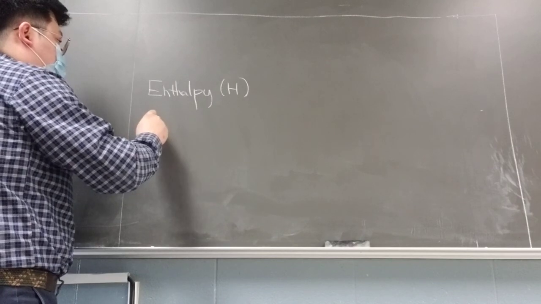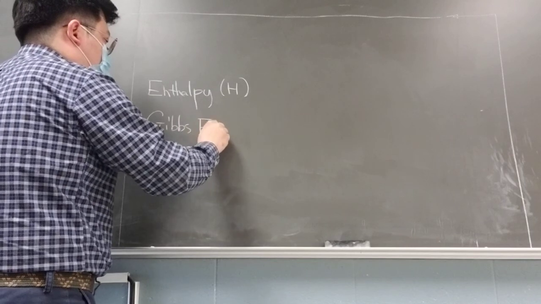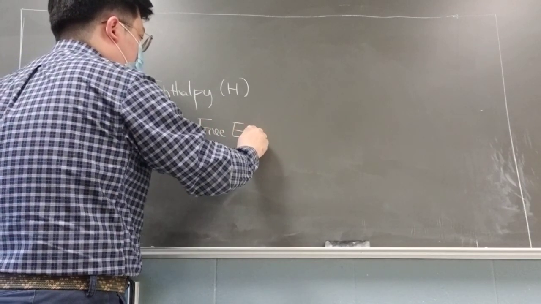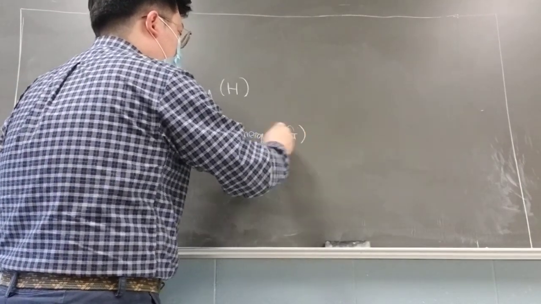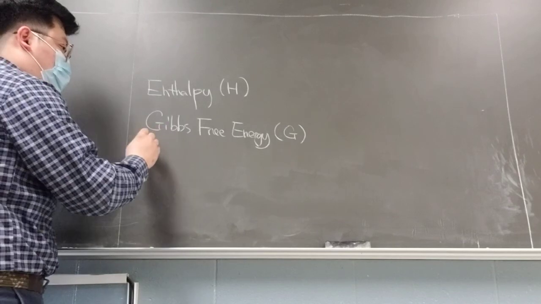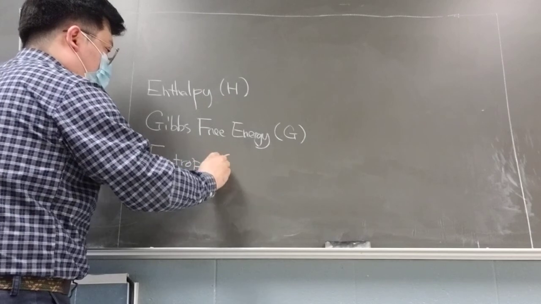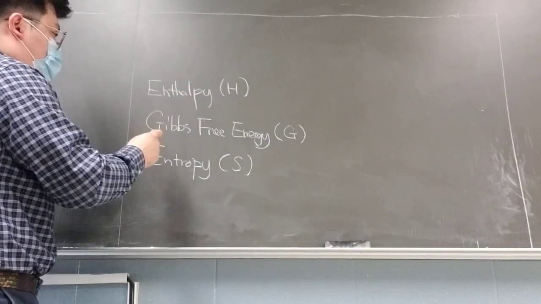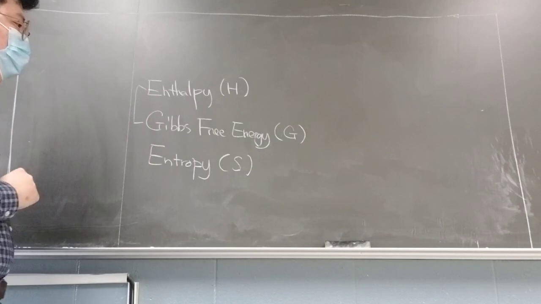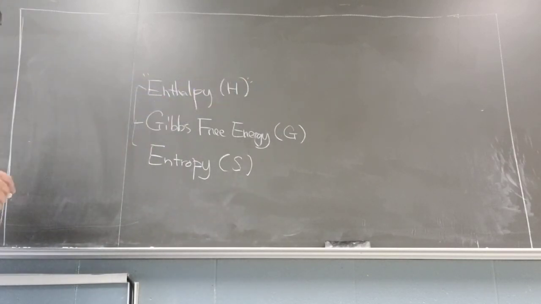Another is Gibbs free energy, which is the capital G. And then you have entropy, which is capital S. These are the three things that we normally discuss in thermochemistry, but most likely this first one will be mainly discussed because it's thermochemistry.